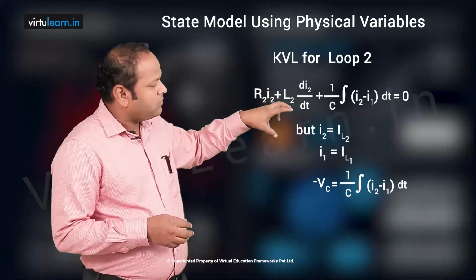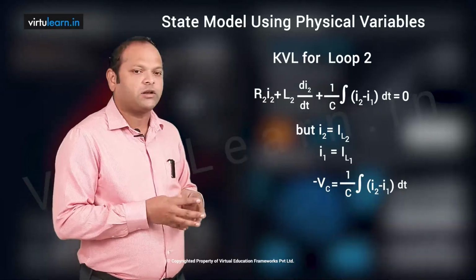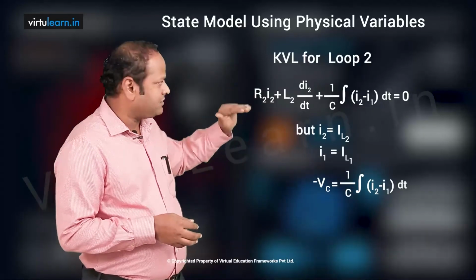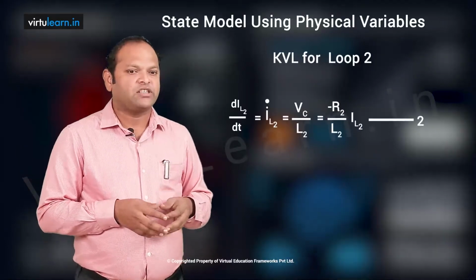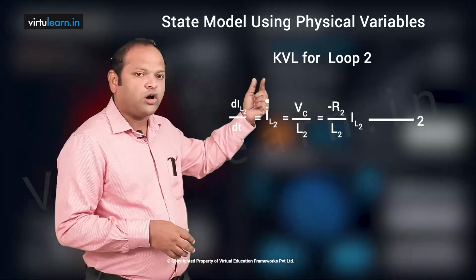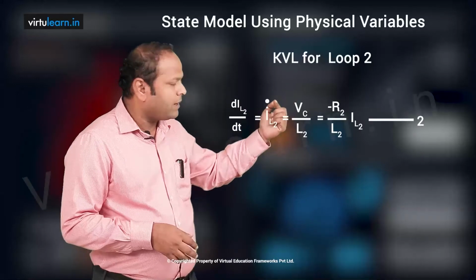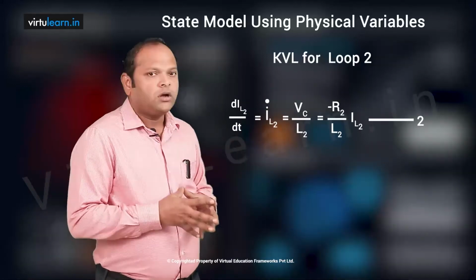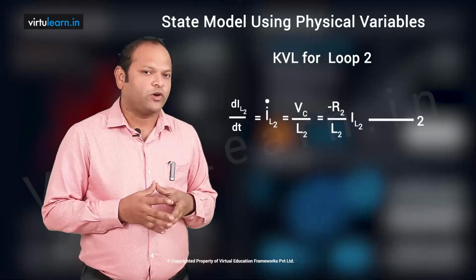When you rearrange the terms, we get the second state equation: dIL2/dt, that is IL2 dot, equals Vc/L2 minus R2/L2 into IL2. So this is your second equation.